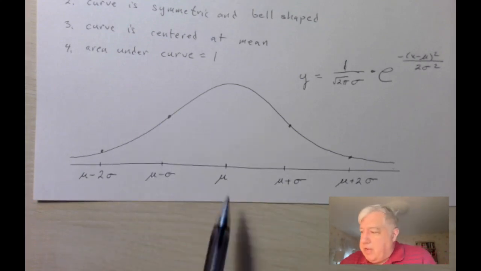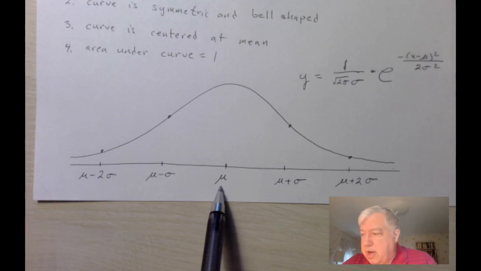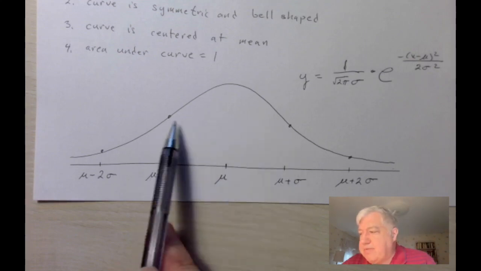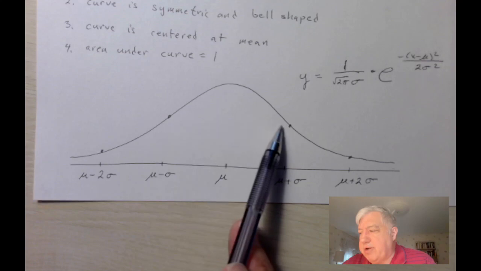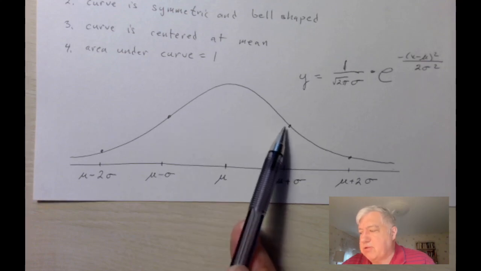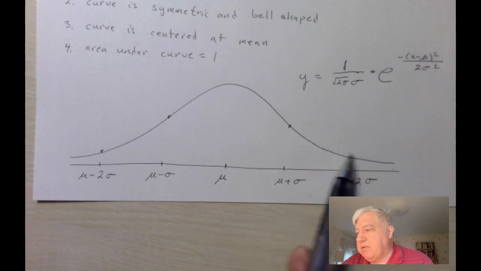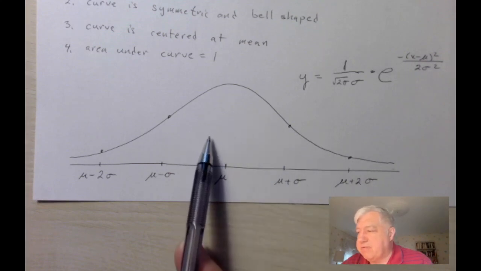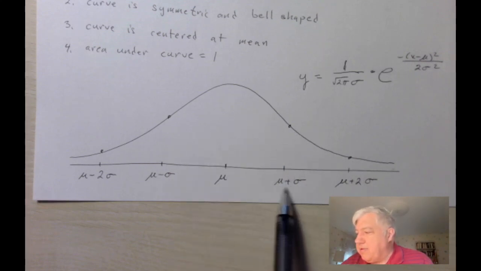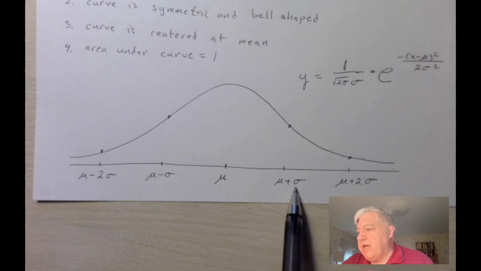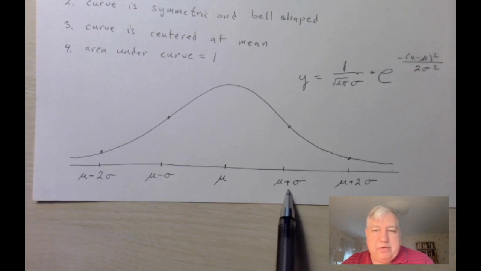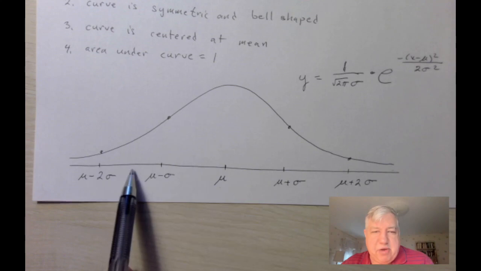So it's centered at mu, and then we have these two points here, what we call the inflection points, where the graph starts bending up or down depending on your perspective. The first inflection points are exactly 1 standard deviation from the mean, so mu plus sigma and mu minus sigma.